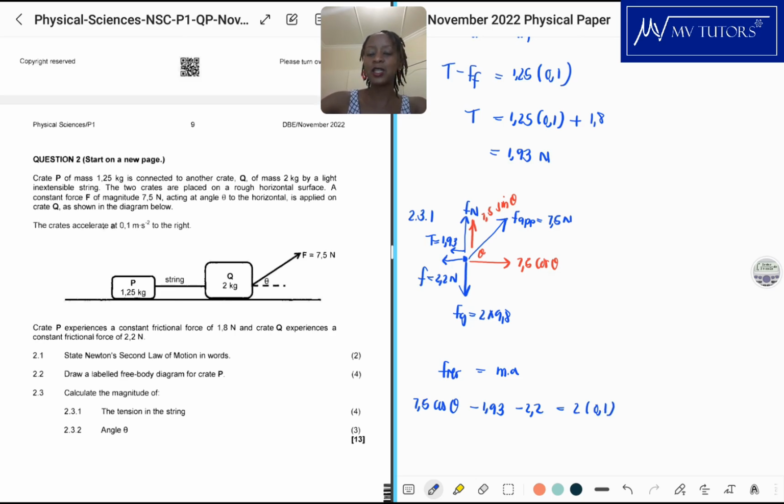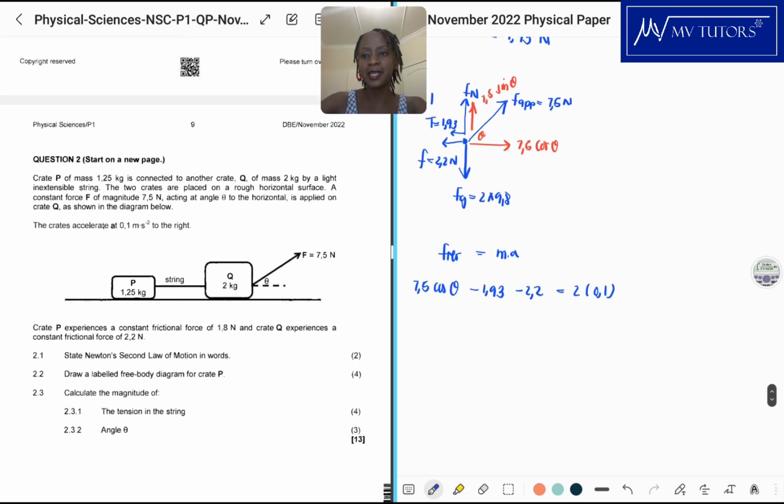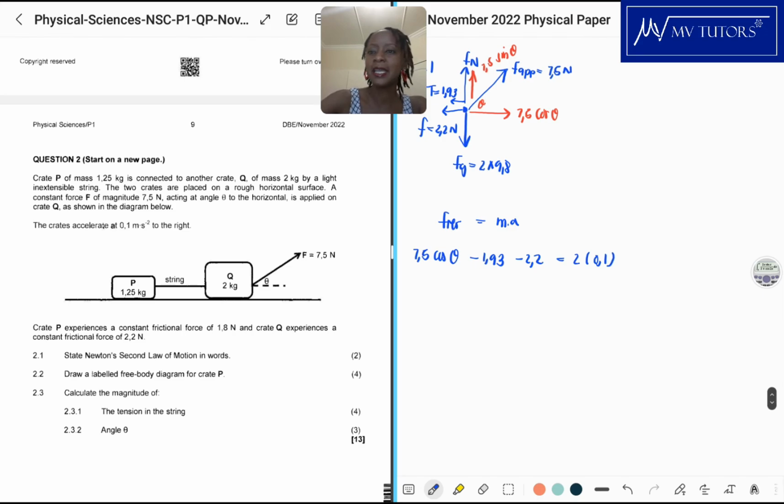So really our unknown here would be theta. Let me see if I can write it in terms of theta. So theta will be equal to arc cos, and there's a whole lot going on: 2 times 0,1 plus 1,93 plus 2,2, and that is all divided by 7,5.